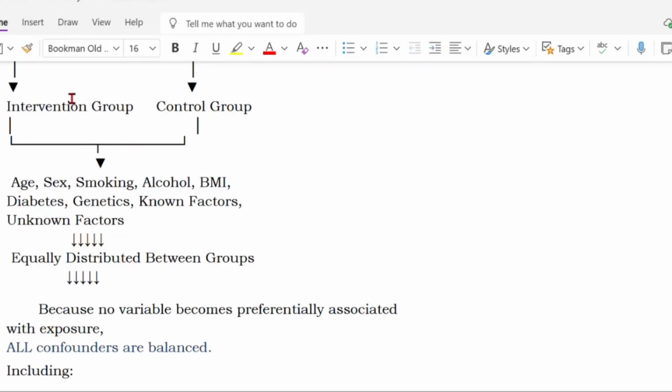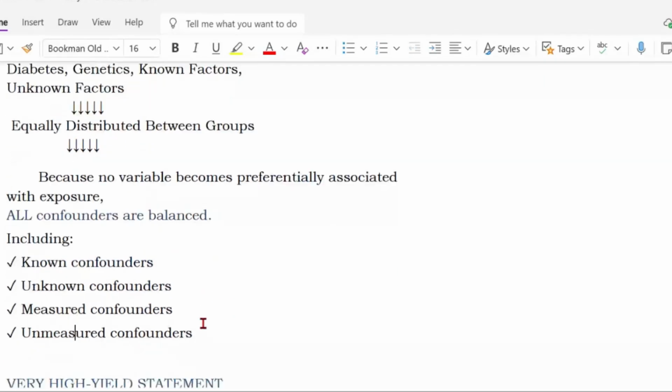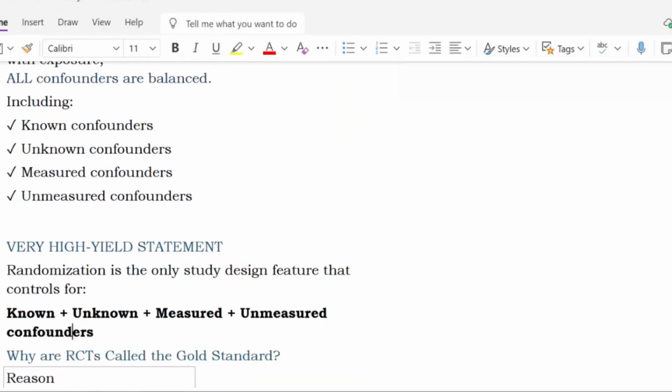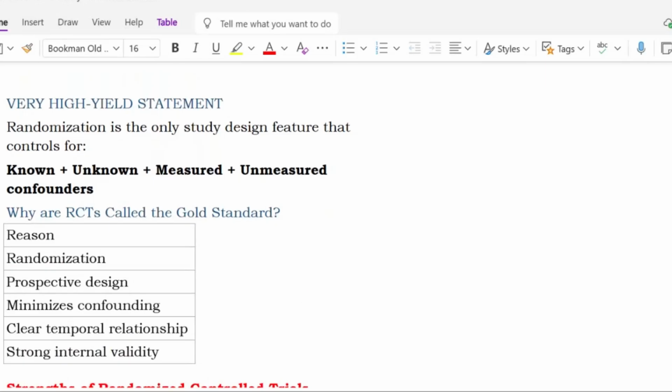There is no preferential allocation of these factors to either group. So all confounders will be balanced, including known, unknown, measured and unmeasured confounders. Randomization is the only study design feature that controls for known, unknown, measured and unmeasured confounders.